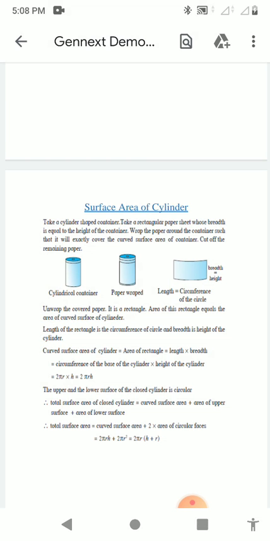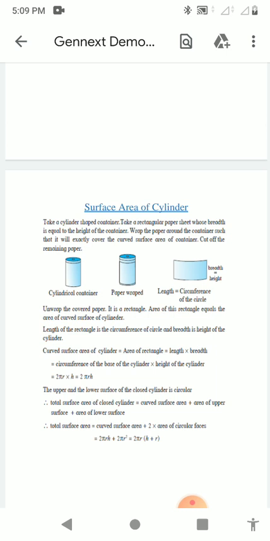And what about total surface area? In total surface area we take the upper as well as lower faces. Both are circular in shape, so we just add two circular faces. So 2 into pi r square, we add this term 2 pi r square to the previous formula. The final formula for total surface area becomes curved surface area plus 2 times area of the circular faces, that is 2 pi r h plus 2 pi r square.